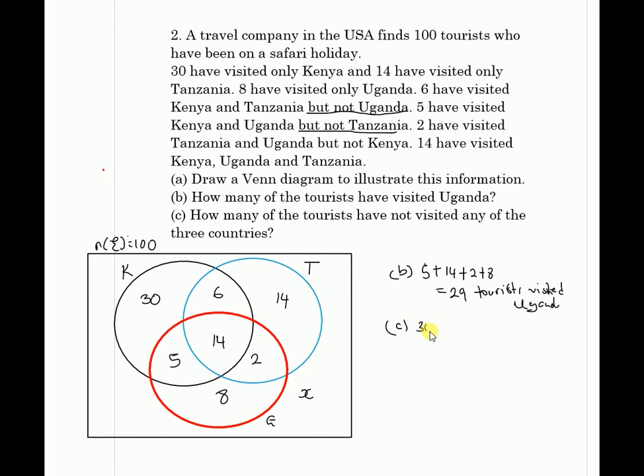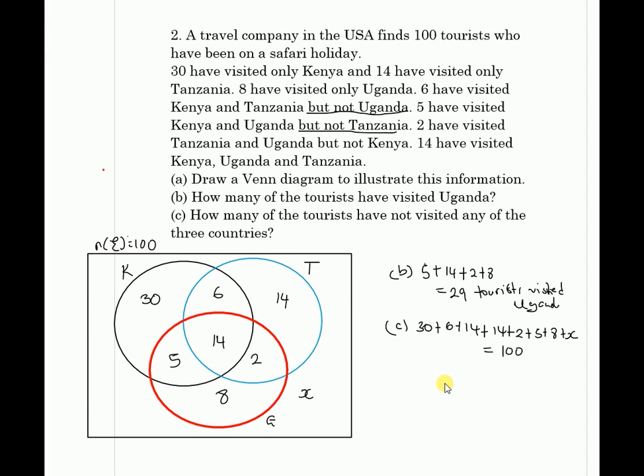So we have 30 plus 6 plus 14 plus another 14 plus 2 plus 5 plus 8 plus x, which should get us 100.